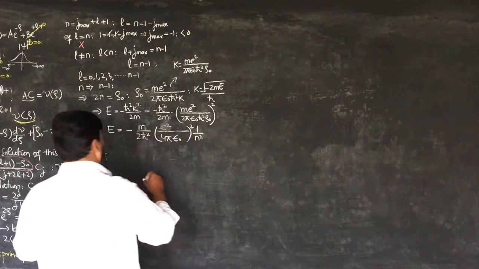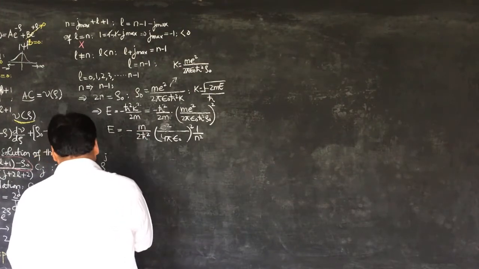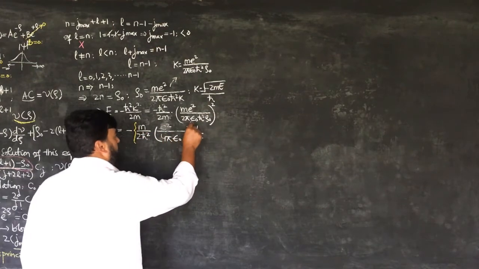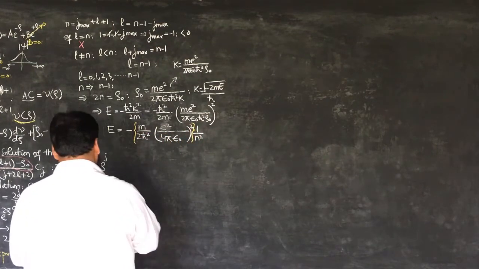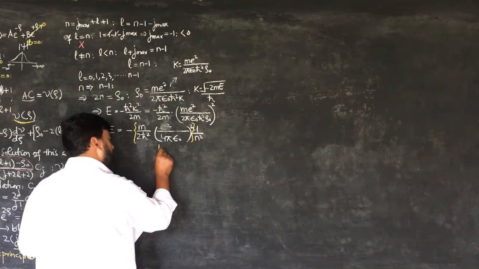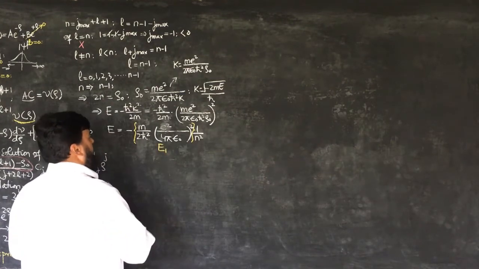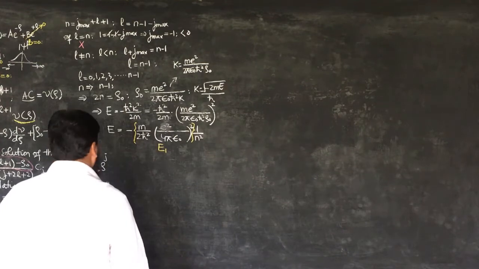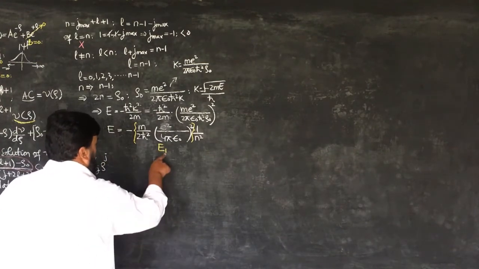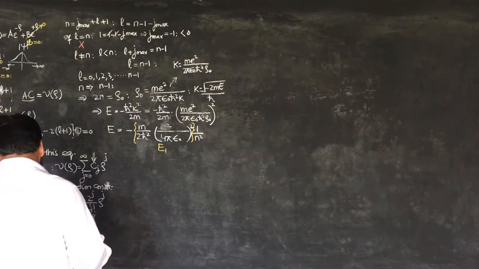Now this value that I have here, from here to here, this value I term E1.